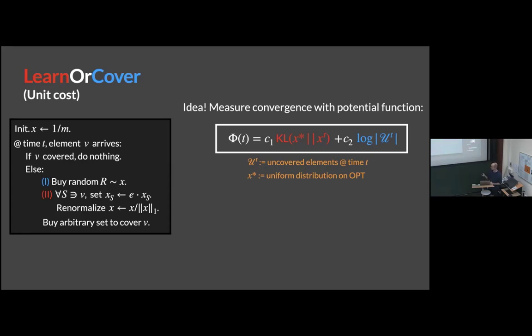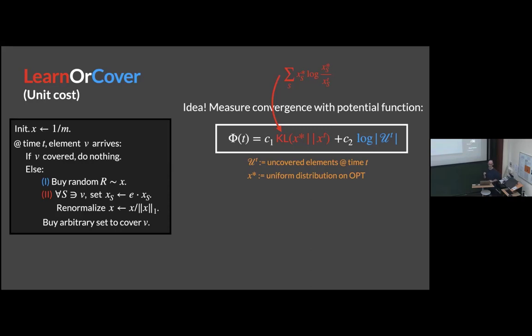The red part captures how much we've learned about the optimal solution, and the blue part measures how much we need to cover. U_t is the set of uncovered elements at time t. We'll show that this potential... Here, by the way, is the KL divergence. If you're not fresh on this, we'll do a calculation in a moment.